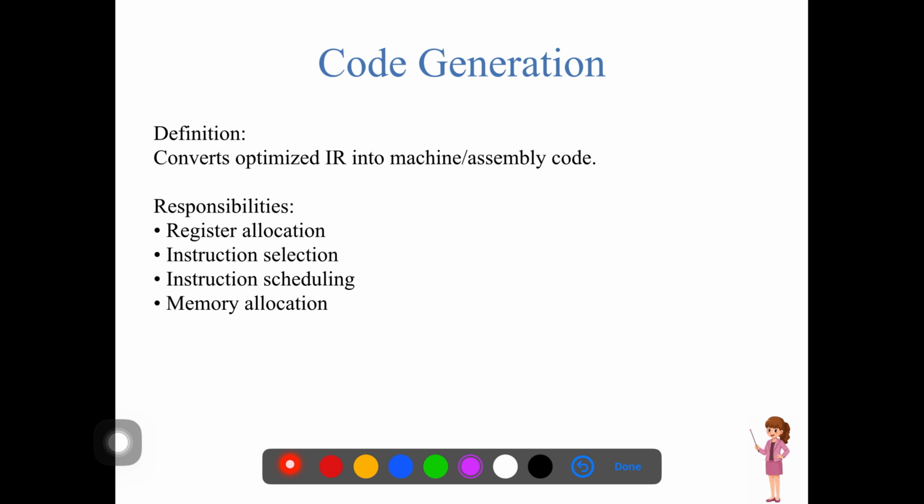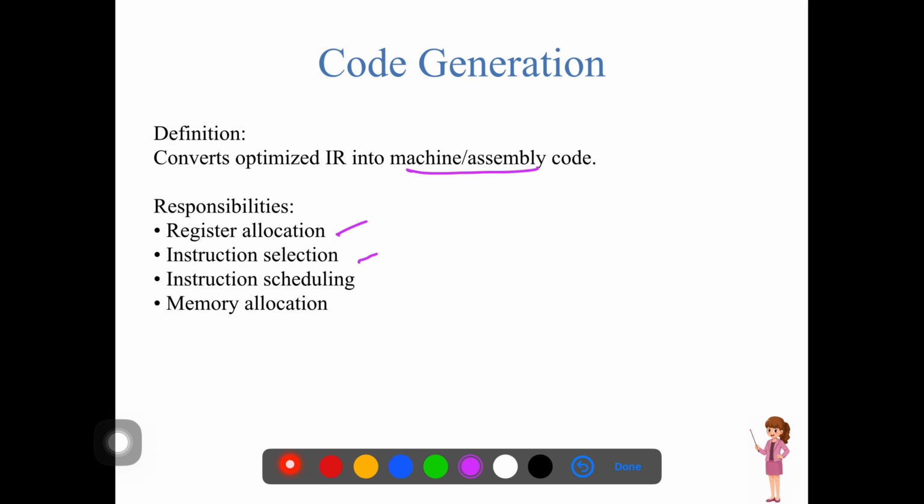Code generation. Code generation is the final phase of the compiler, as we know, which converts the intermediate representation into the machine or assembly code. The responsibilities: register allocation assigns the variables to the CPU registers.